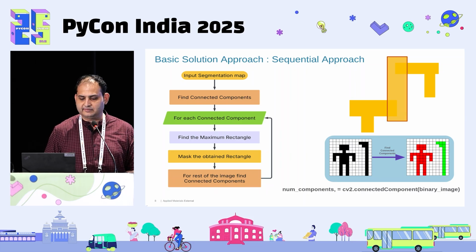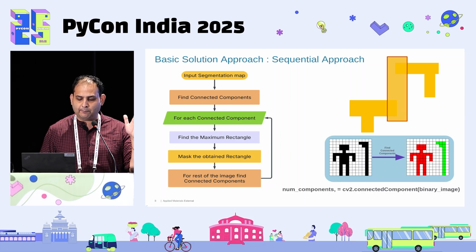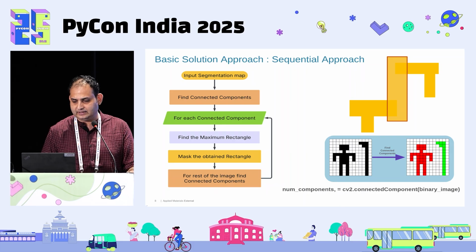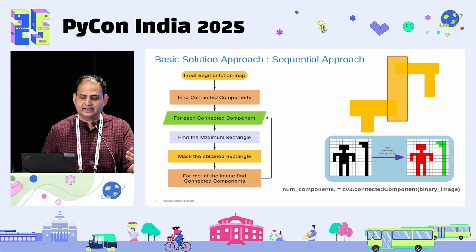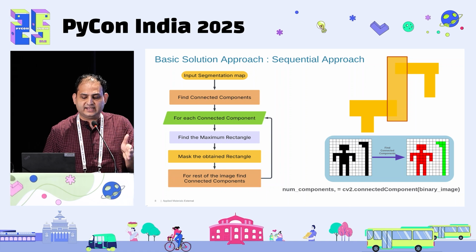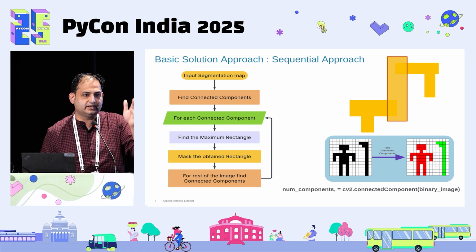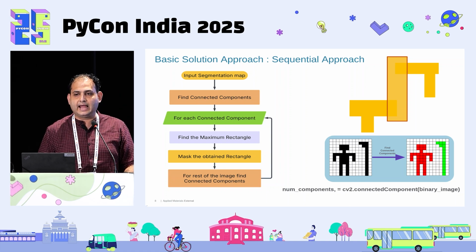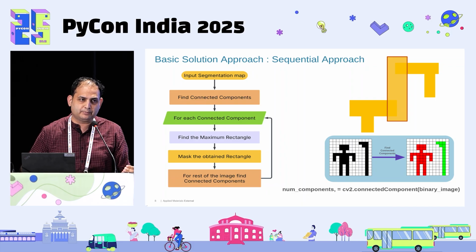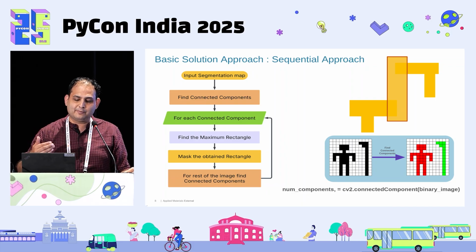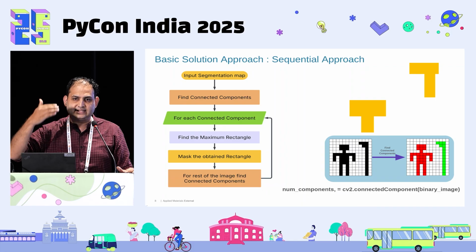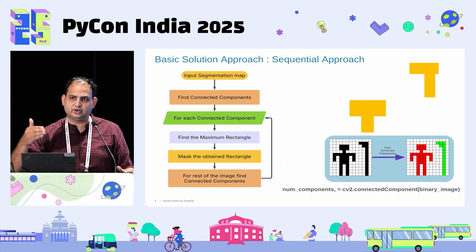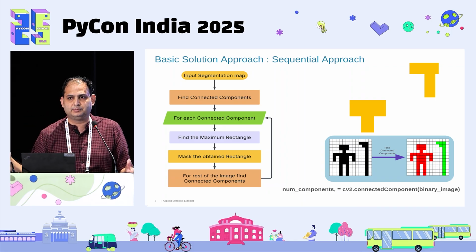This is my maximum rectangle. I obtain it and mask the rectangle. Now my definition becomes recursive, as I am left with a few more connected components. For each connected component, I find the maximum rectangle, mask it, and this goes on and on, and this will solve my problem.